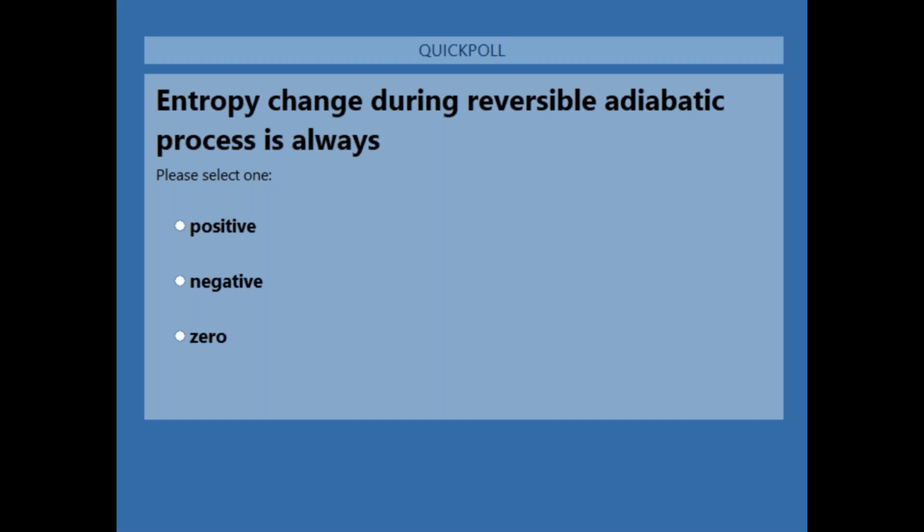So the plan of today's lecture is to continue with our discussion. What we have been doing in the last couple of lectures is considering systems involving ideal gases and applying the first law of thermodynamics to them, both open systems as well as closed systems.